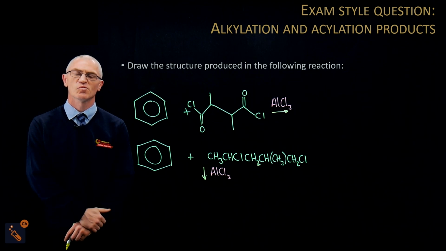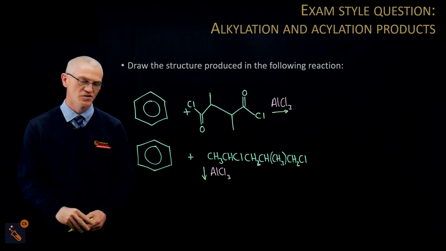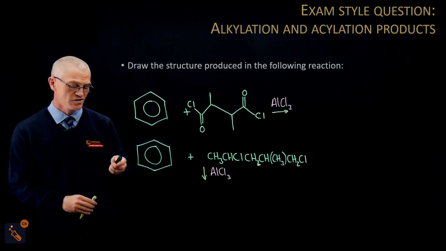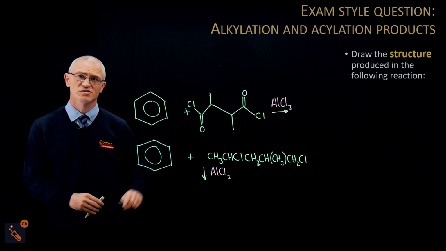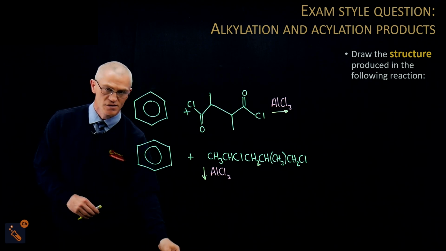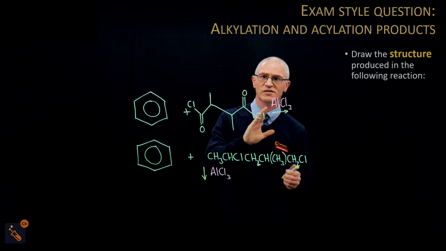Now, we followed up with another question, which is based upon doing the products instead of predicting the electrophile. Let's make some space and look at the structure of these products. And again, do this before I do, have a go. If we're looking at this one, first of all, we need to recognize what reaction it is.